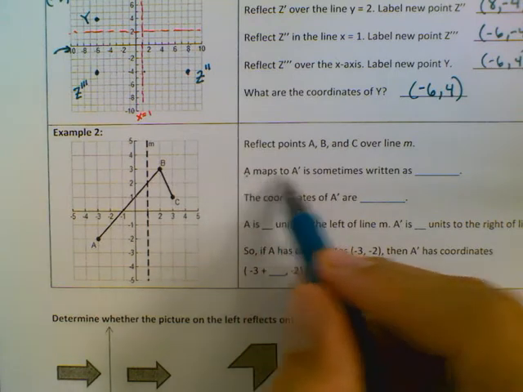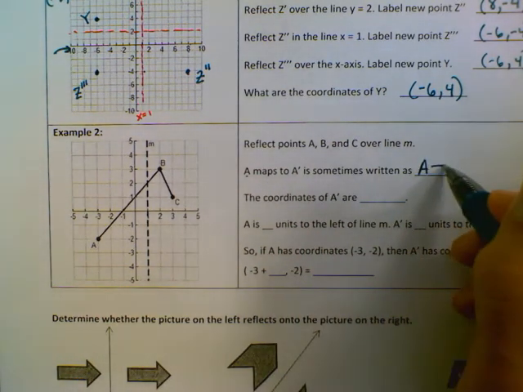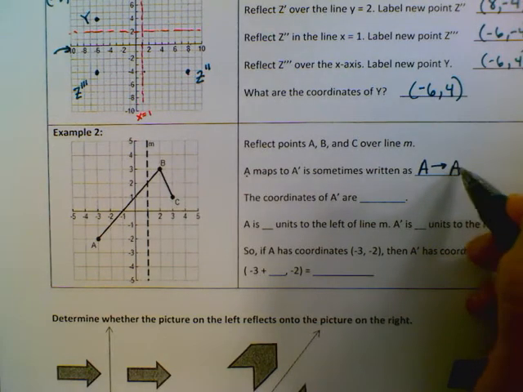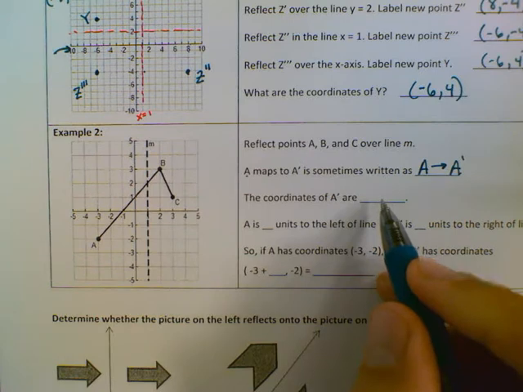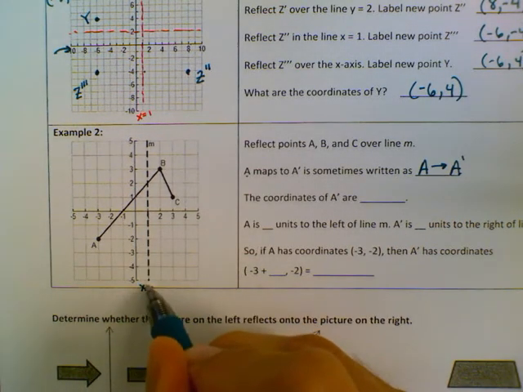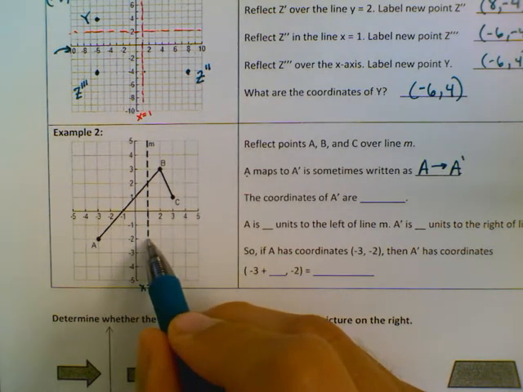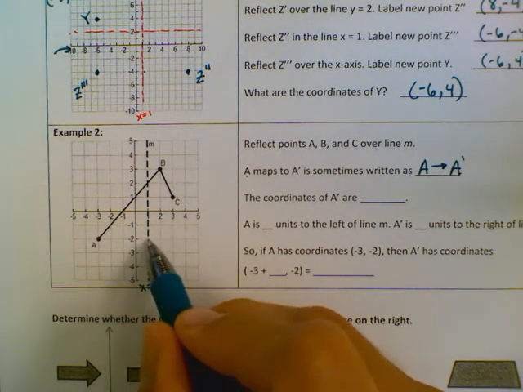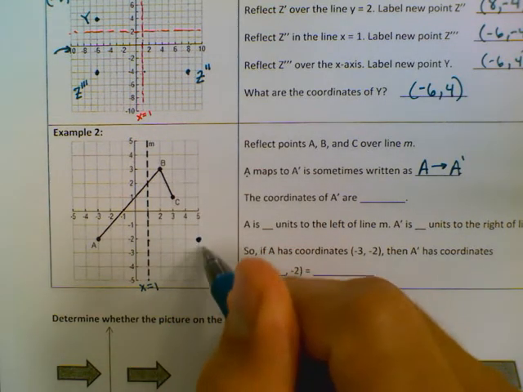It says A maps to A prime is sometimes written as A with an arrow to A prime. Okay? The coordinates of A prime, well, let's see. If we do reflect it over the line x equals 1, then A travels from -3 to +1, so it goes over 4 units. 1, 2, 3, 4. So that'll be A prime right there.